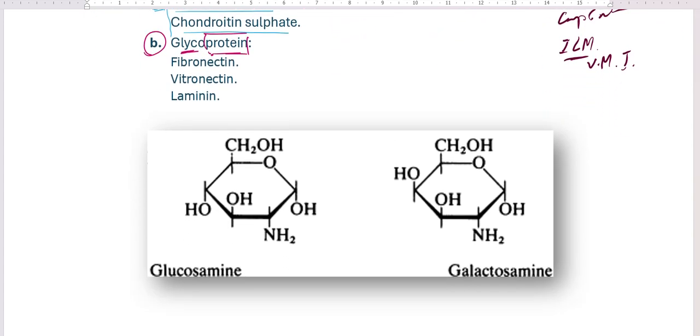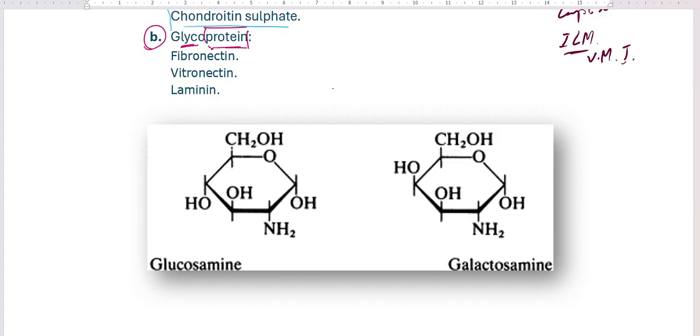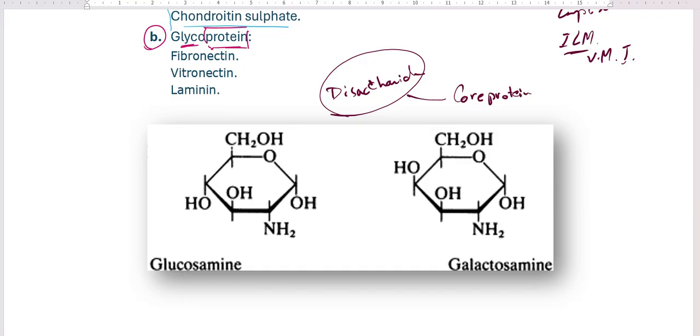So proteoglycans are formed of what we call disaccharide units, covalently bound to a core protein. Usually these disaccharides are formed of amino sugar, and the other unit is glucuronic acid.